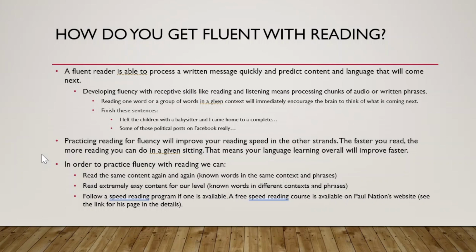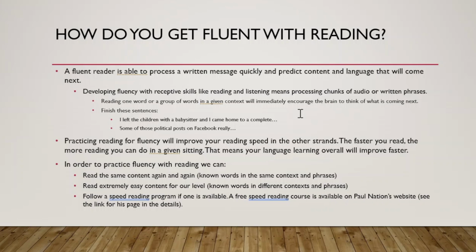For example, if you looked at these sentences here, you would connect this with real world information, and you would expect there to be something negative that I come home to. So I left the children with a babysitter and I came home to a complete mess or a complete disaster or something along those lines.